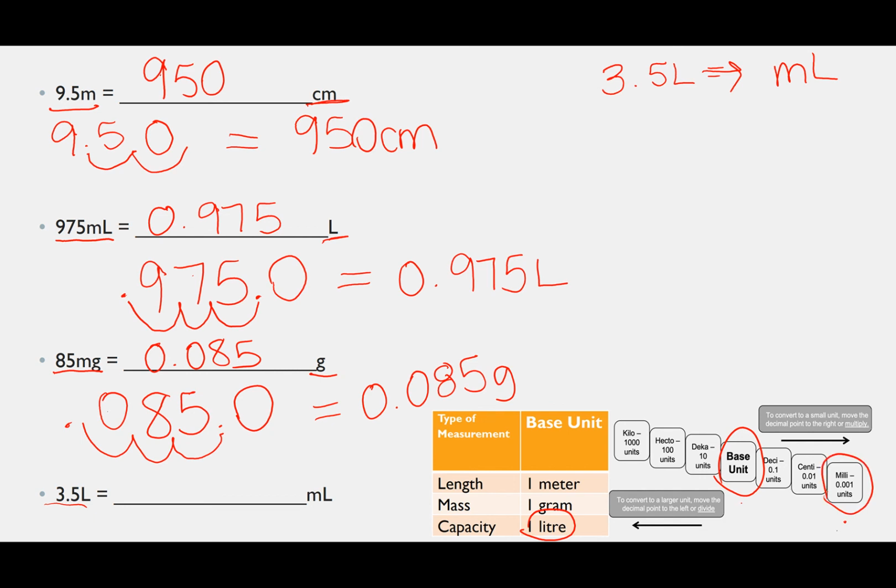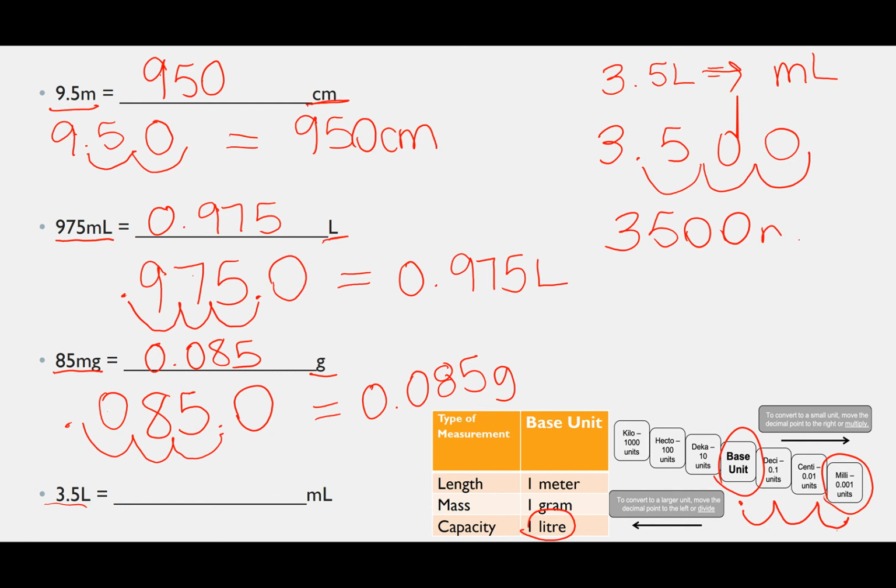So we're going to be moving our decimal point to the right 1, 2, 3 times. So we take 3.5, move our decimal over 3 times, 1, 2, 3. Fill in the zeros, and that gives us 3,500 mLs.